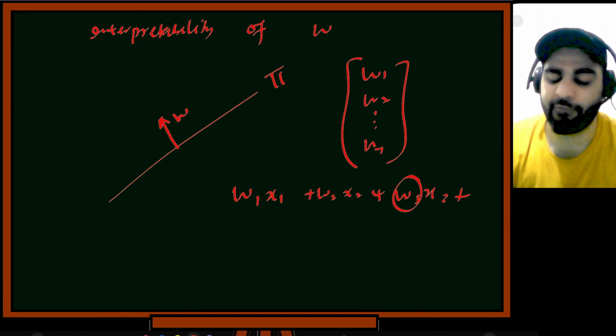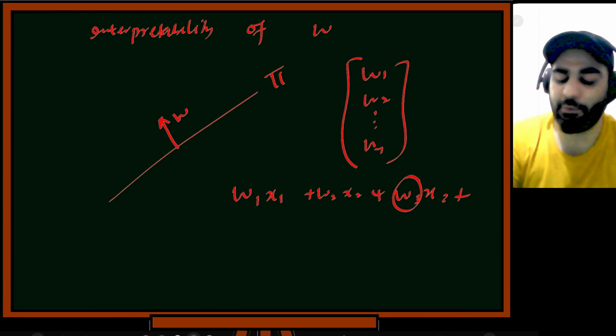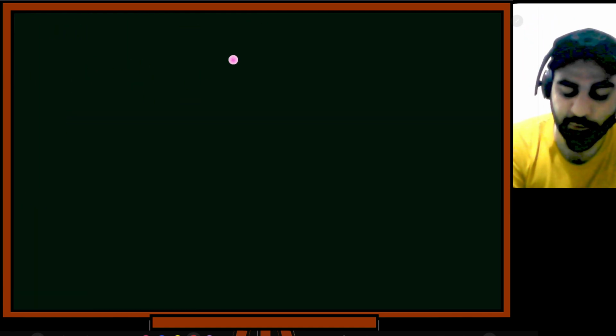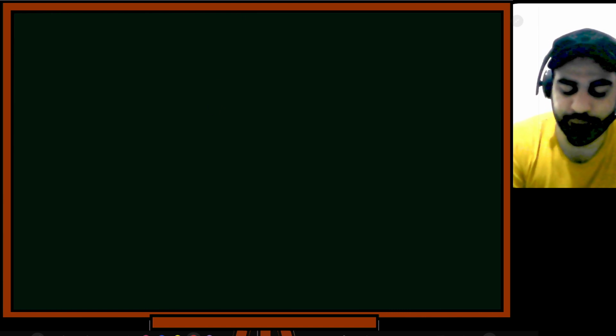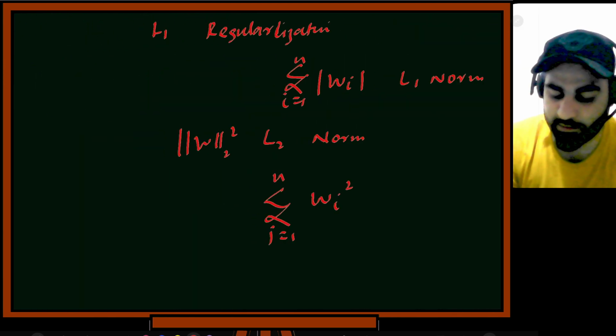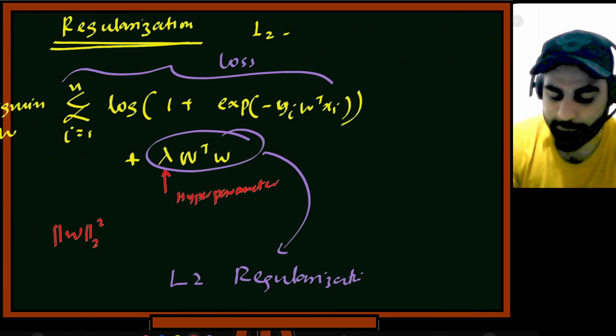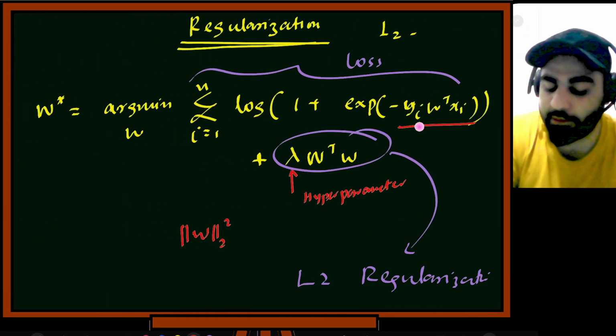So let's suppose our W is very high. This over here is our W vector.